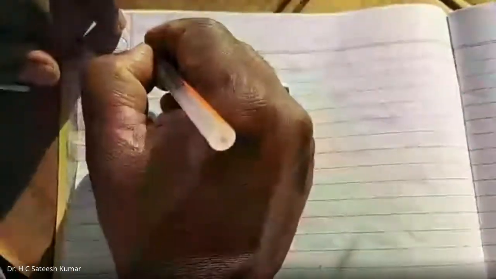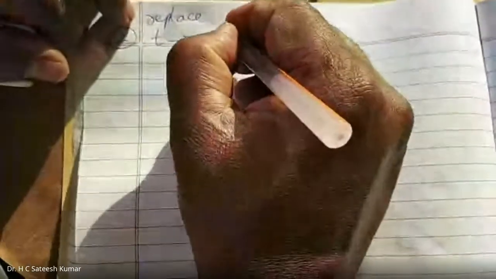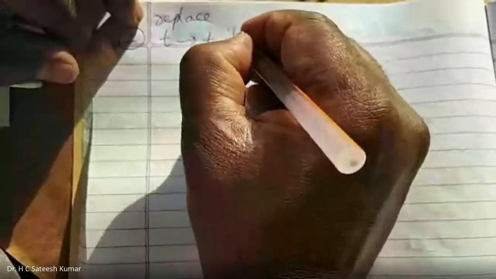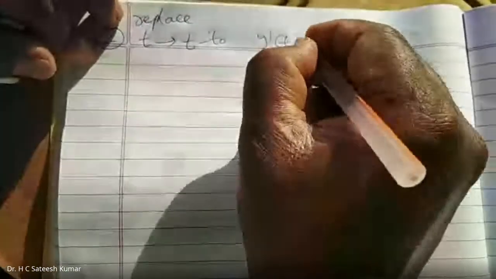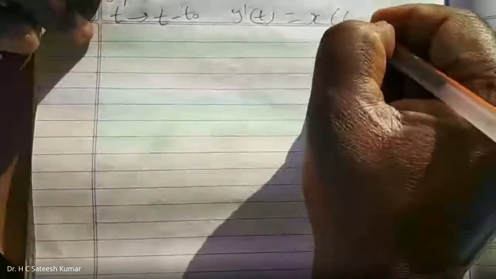Second one, what we have is time invariance. Replace t by t minus t naught. y dash of t is equal to x of t minus t naught whole square.